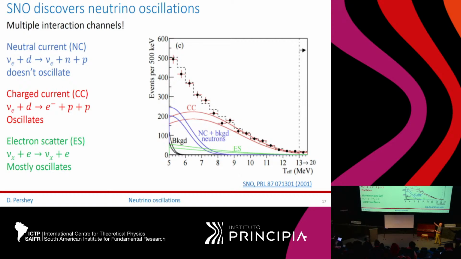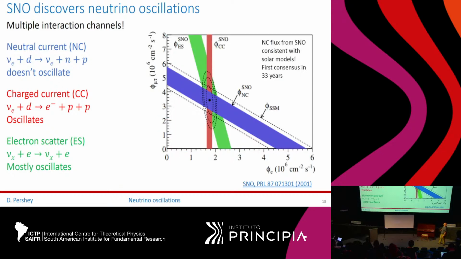And you can just do a fit to this data of this charged current distribution here. You get higher energies than the neutral current since all the energy is visible in the final state. And then you have a lower energy neutral current component down here, and then also a more broad electron scatter component. And if you do fit to this data and work out the normalizations of each one of these three components, you get something like this.